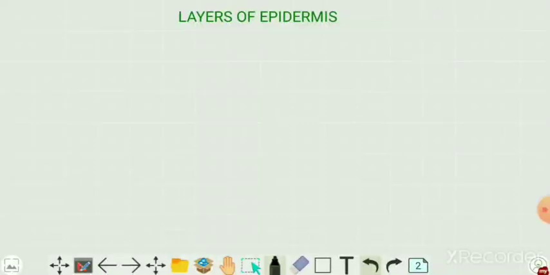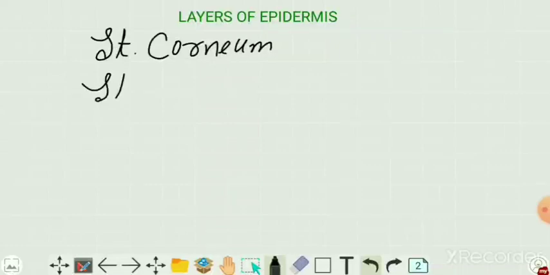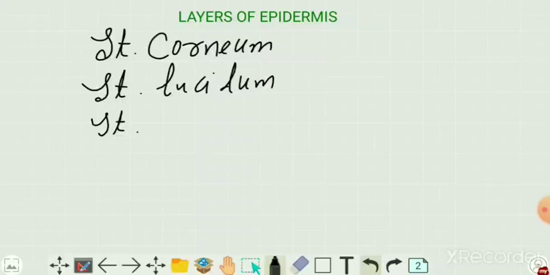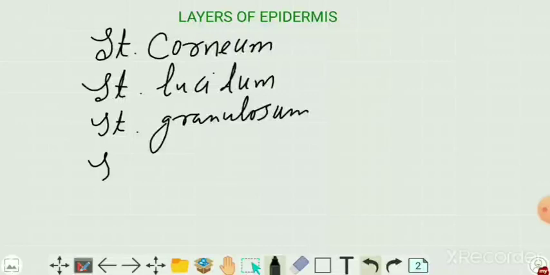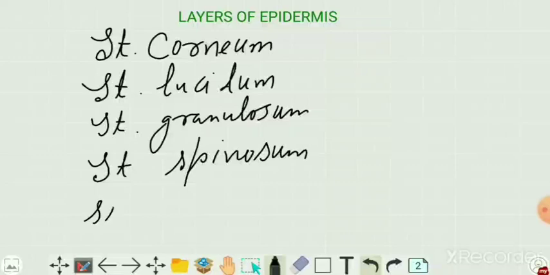Now, let's discuss the layers of epidermis. There are 5 layers of epidermis, starting from the uppermost layer, that is stratum corneum. Then stratum lucidum, then stratum granulosum, then stratum spinosum, and the deepest one is stratum basale.